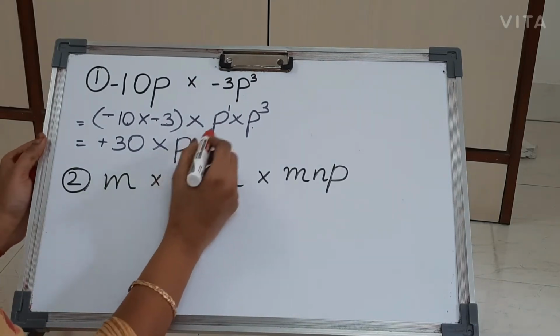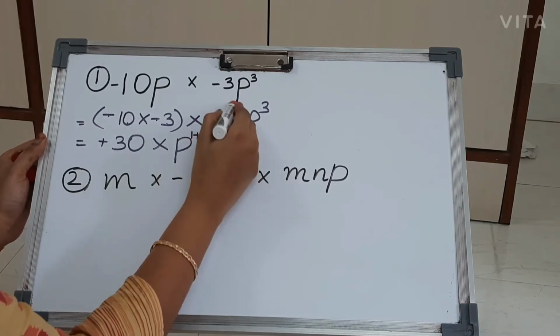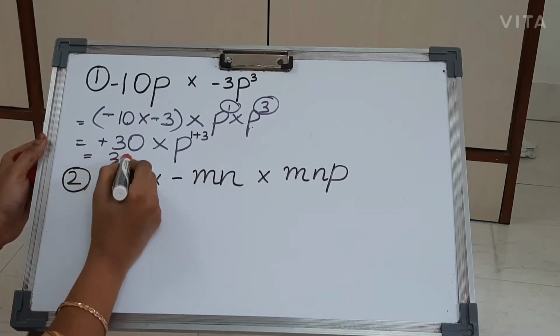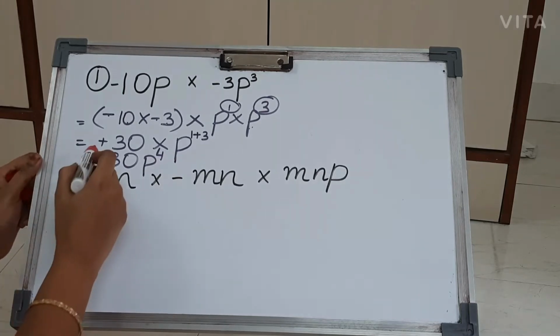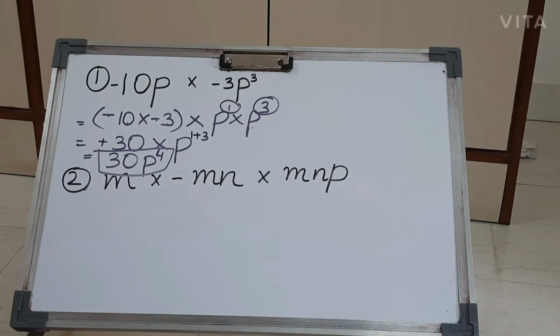So when the base is the same, we have to add the powers. So 1 plus 3. What will be the answer? 30p to the power 4. So this is the answer for this type of monomials.